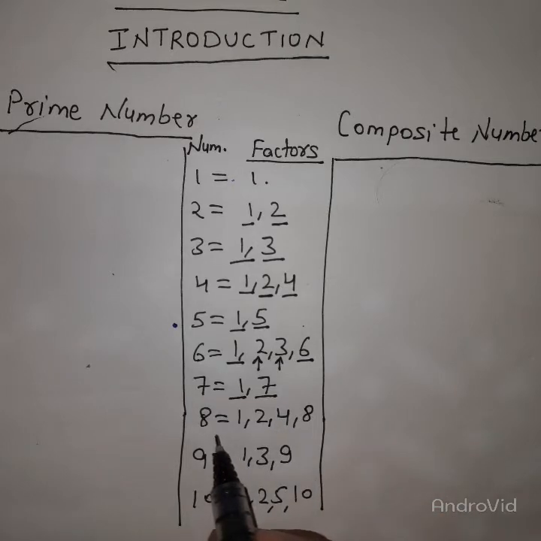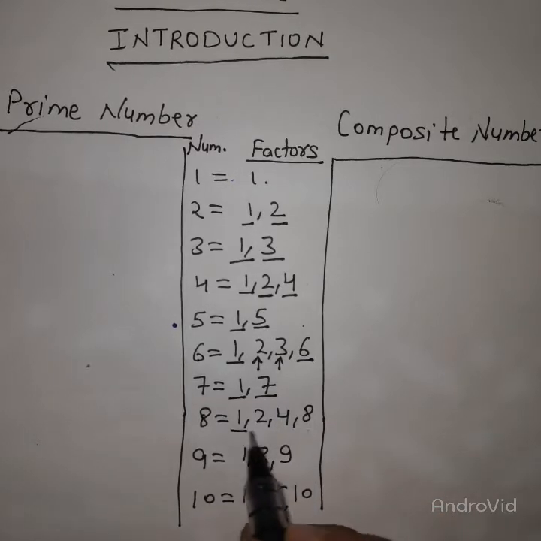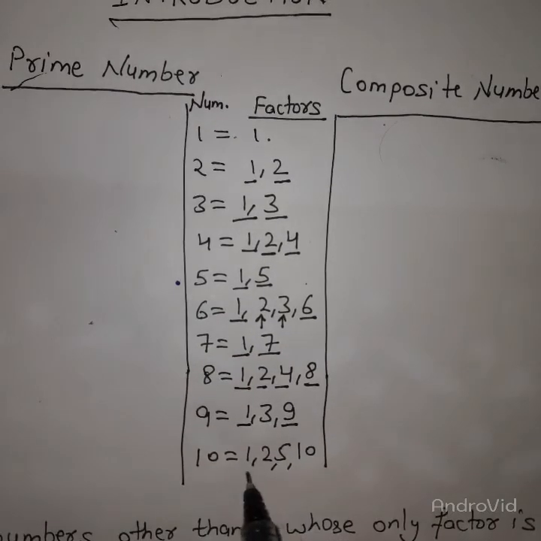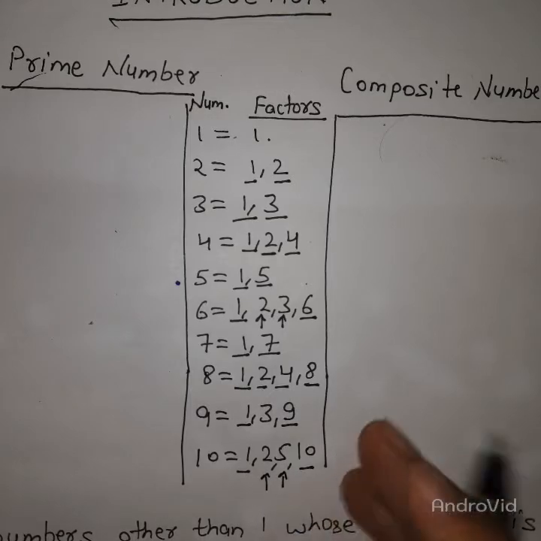In case of 8, it is divided by 1 and itself as well as by 2 and 4. In case of 9, it is divided by 1 and 9 itself. In case of 10, it is divided by 1 and itself as well as by 2 and 5.